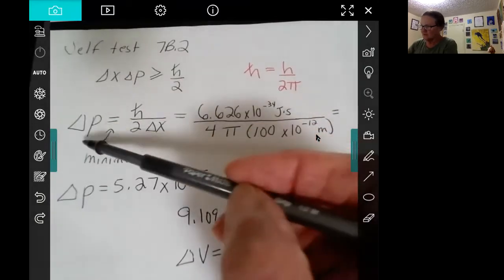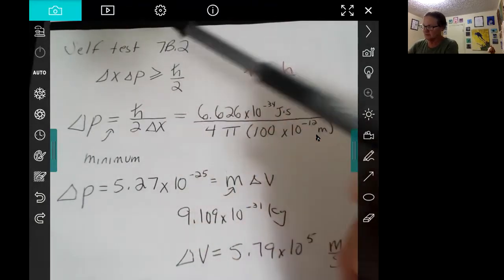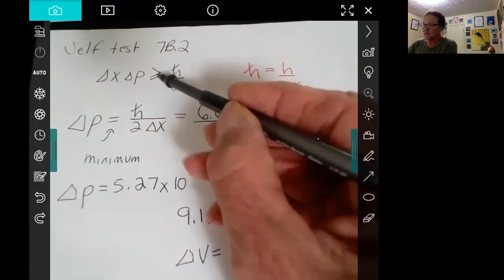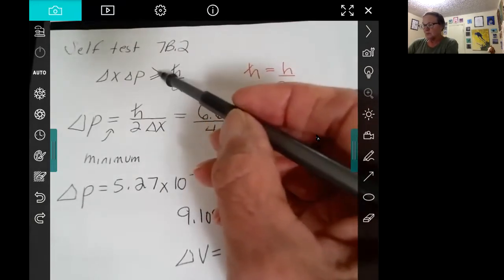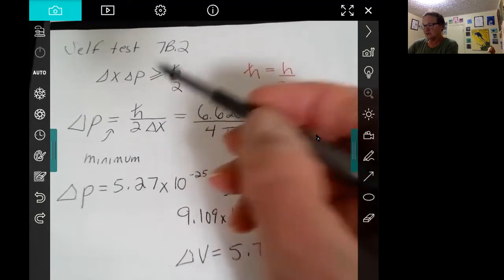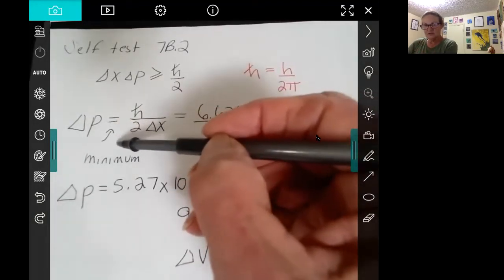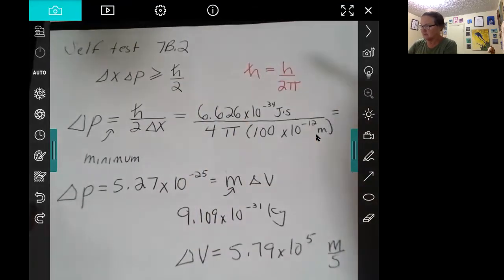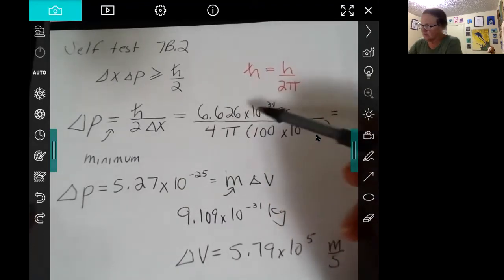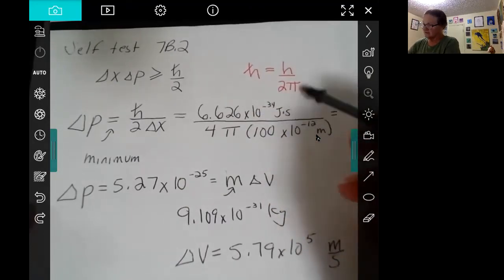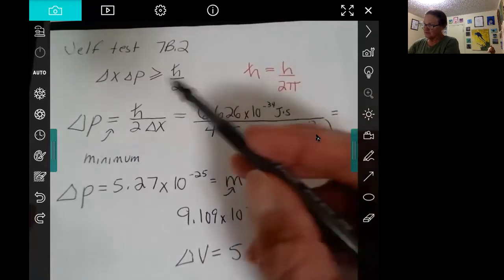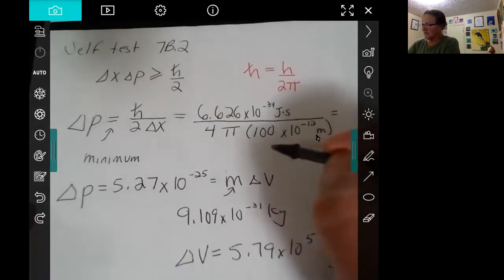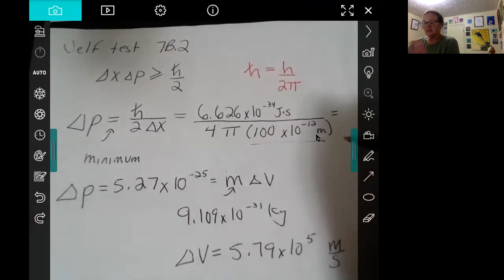So if I rearrange this to get the uncertainty in momentum, the first thing we want to think about is if we replace the inequality with the equal sign, that's the very best you can do. So that's the minimum uncertainty. It'd be h bar over 2 times delta x. I just use the value of Planck's constant: Planck's constant over 2 pi gives you Planck's constant over 4 pi with this 2. And then putting in the value of the diameter as the uncertainty in x, it'd be 100 times 10 to the minus 12 meters.